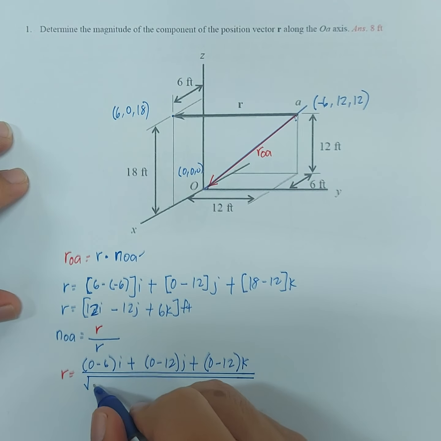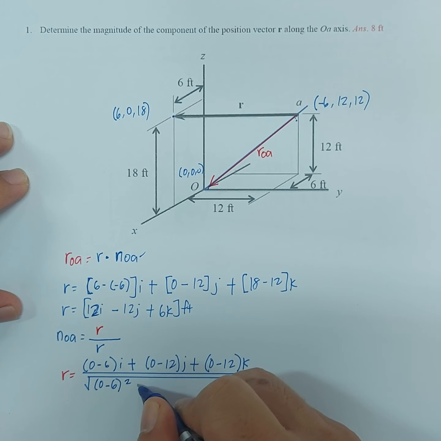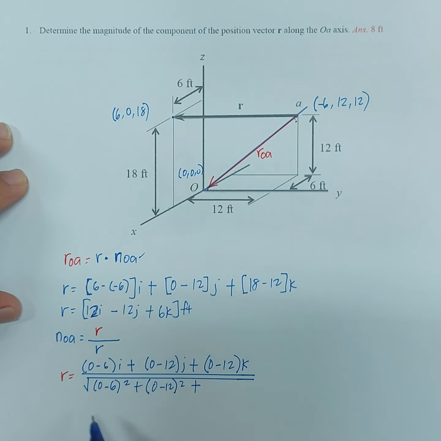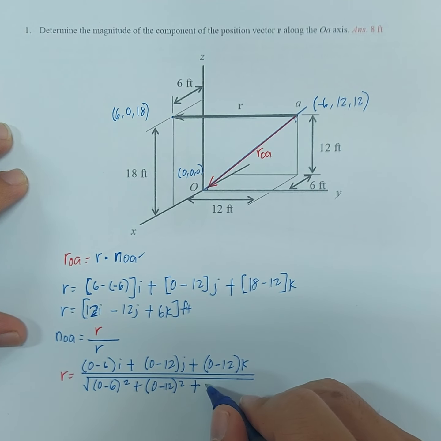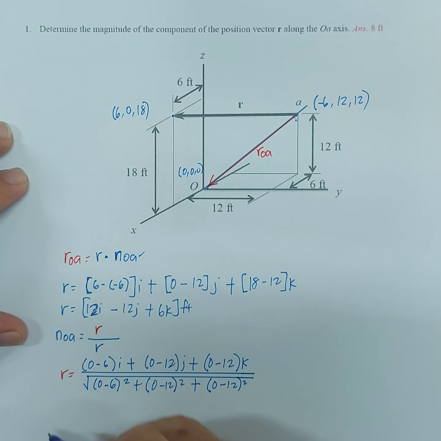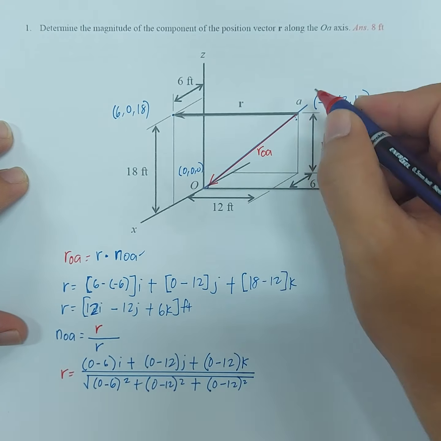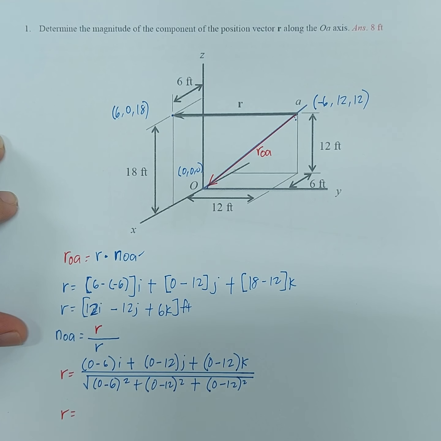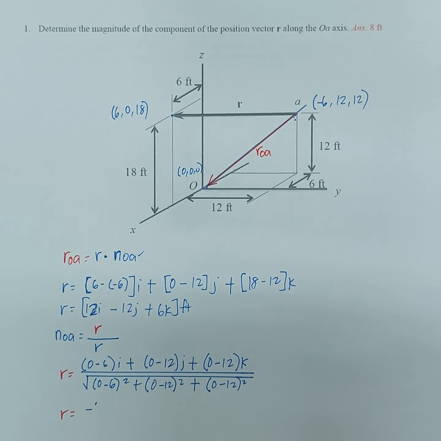Again, the same as before: the square root of the quantity 0 minus 6 squared plus 0 minus 12 squared plus 0 minus 12 squared. So the position vector of our axis OA is equivalent to minus 6, and so on.